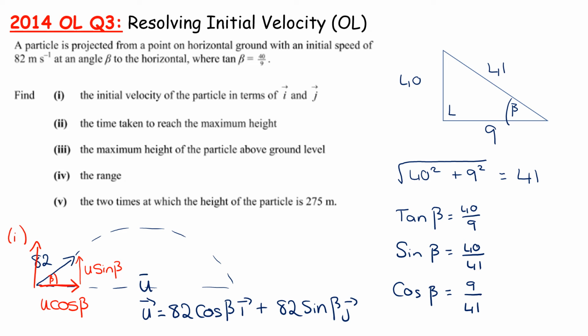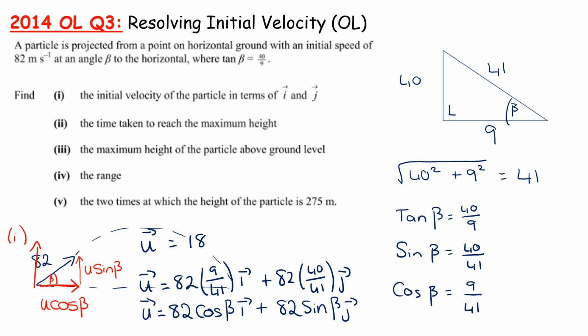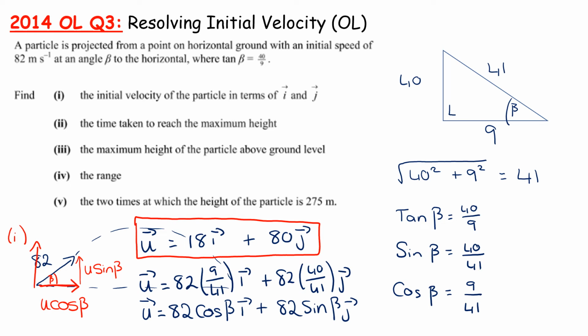So 82, instead of cos beta, we're going to put 9 over 41, and then here we have 82 times 40 over 41 j. And then when we work that through, we end up with 18i and 80j, and that is my initial vector u in terms of i's and j's.